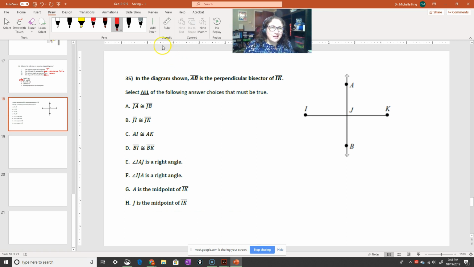Okay, JA equals JB. Nope, not necessarily true. Because if you had your perpendicular bisector and you swung a small arc, these lines would not necessarily be congruent. They can sometimes be congruent, but they're not always congruent.